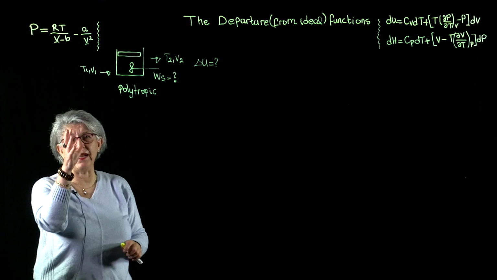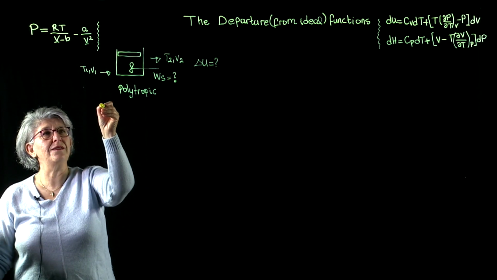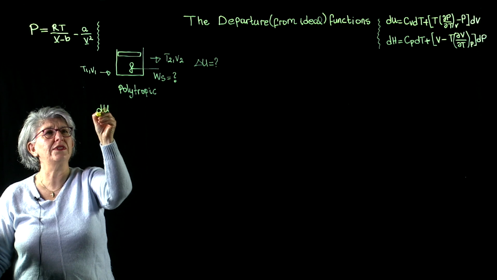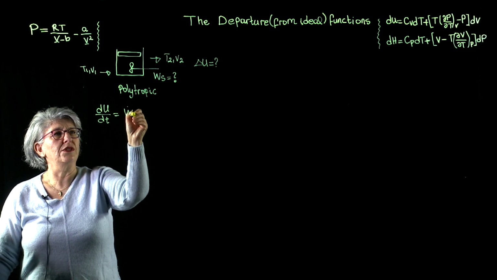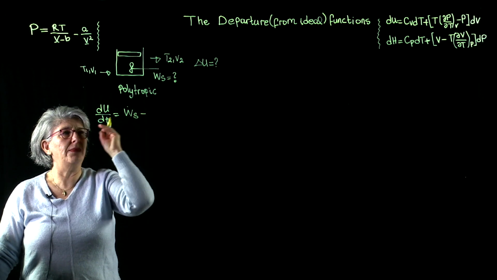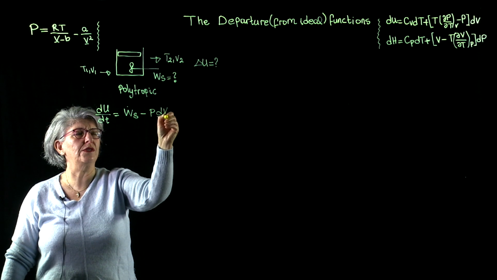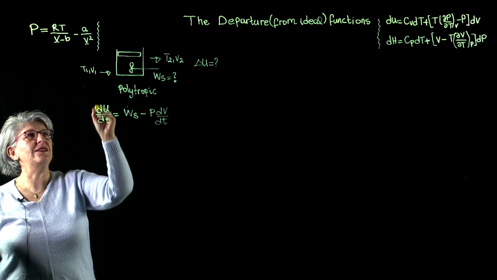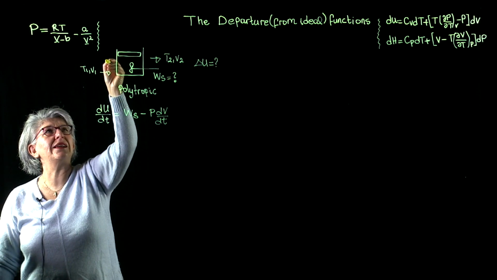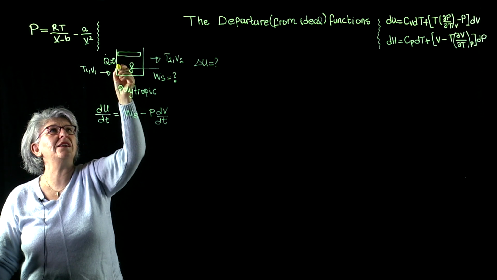Now, when we look at this system, the closed system analysis revealed that du over dt is equal to shaft work minus p dv over dt. And let's just leave a constraint that we don't allow any heat exchange.